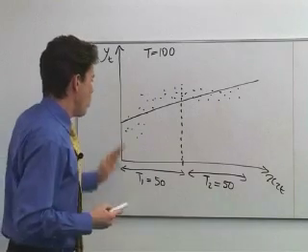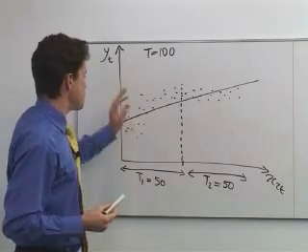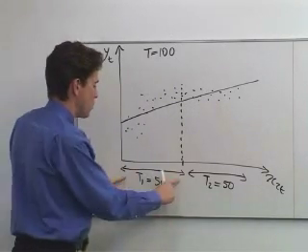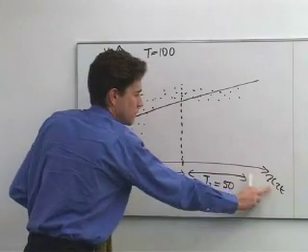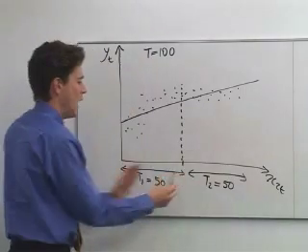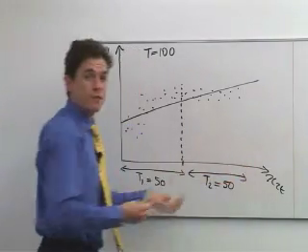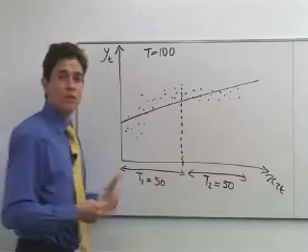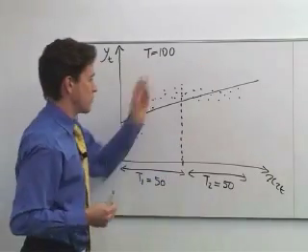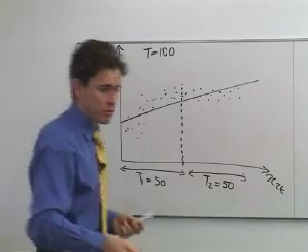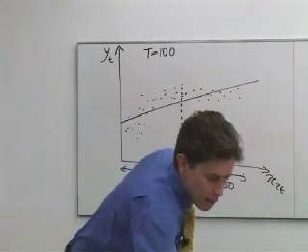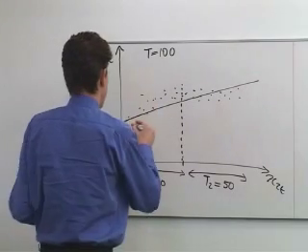Now, what would happen if we were to estimate separate regression equations for these first 50 observations, which correspond to the small values of x2, and then a separate regression for the last 50 observations, which correspond to relatively larger values of x2 because of the way that I've set this up? Well, if we estimated separate regressions, we might get something that looks like the following.